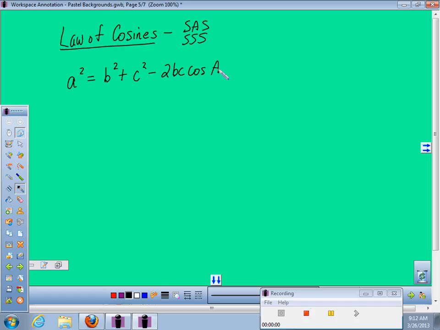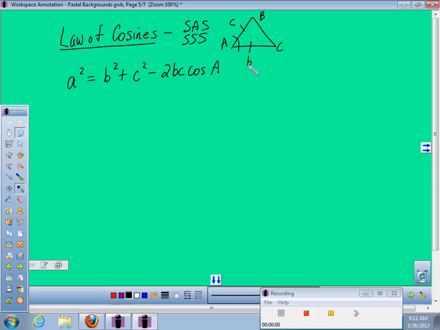If I put a triangle up here, and since this works for side-angle-side, suppose you knew these three things: side C, side B, angle A. You knew side-angle-side. You could not do law of sines because you would not have a pair.